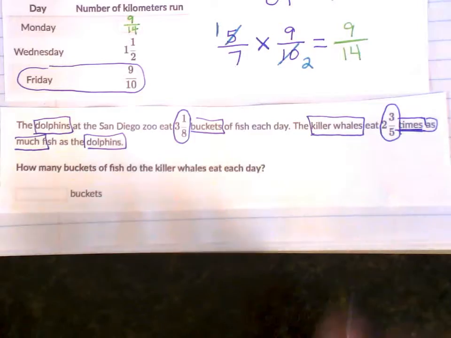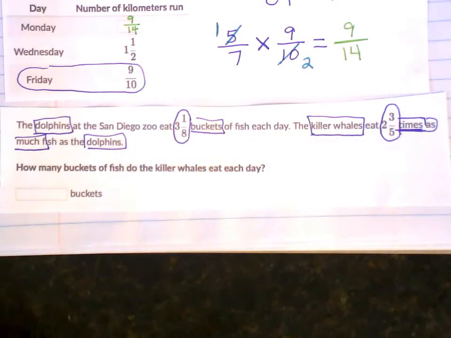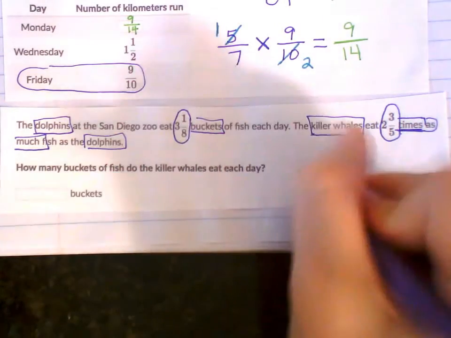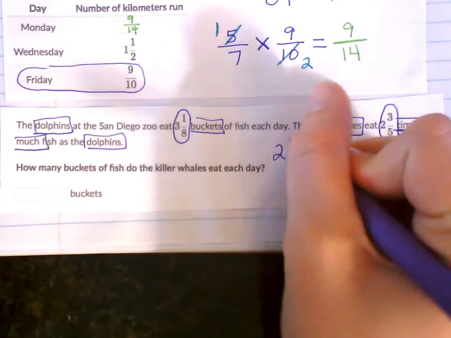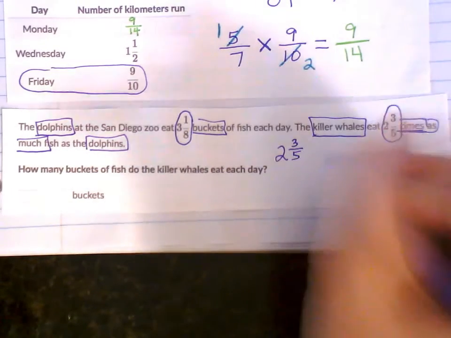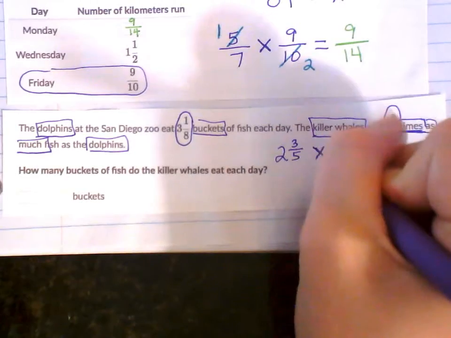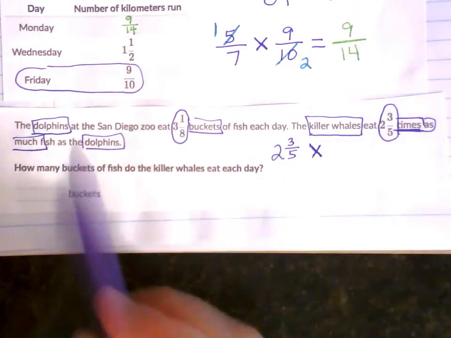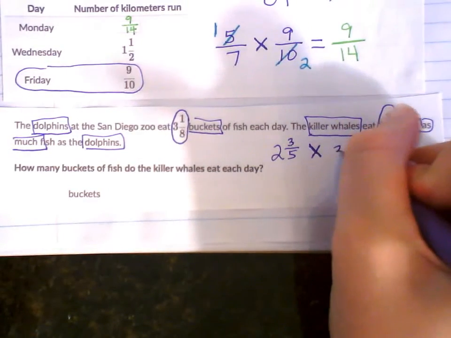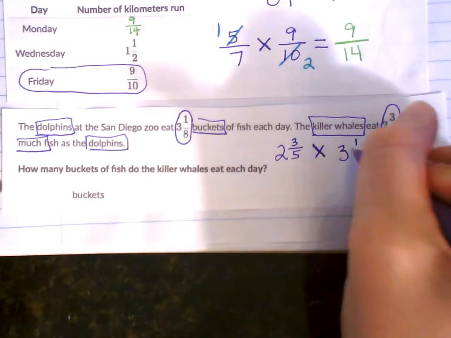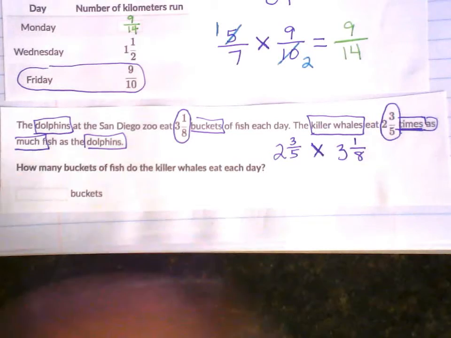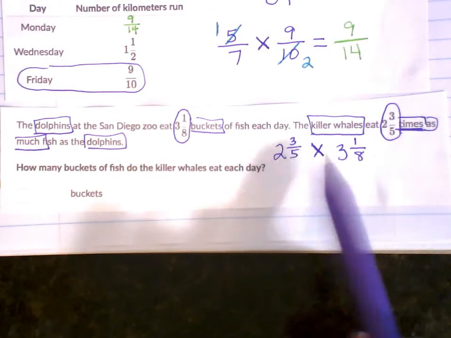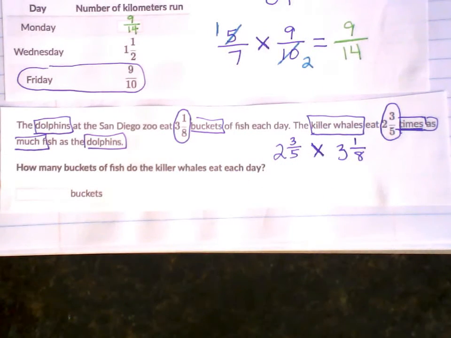So dolphins eat 3 1/8 buckets. Killer whales eat 2 3/5 times. Literally says times. Multiply. 2 3/5 times as much as the dolphins. So 2 3/5 times as much as, well, the dolphins ate 3 1/8. So 2 3/5 times 3 1/8.